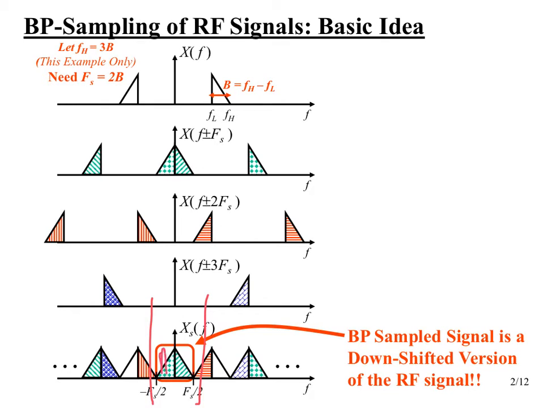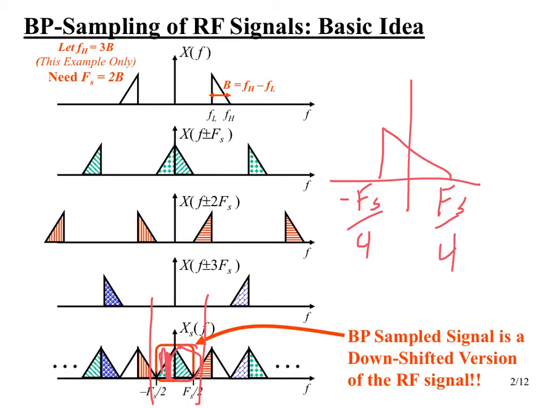So we could get rid of this part and then take this part and shift it down so that we end up getting something that looks like this. Now we're at minus fs over 4 to fs over 4. That would be where this frequency is and this frequency is.